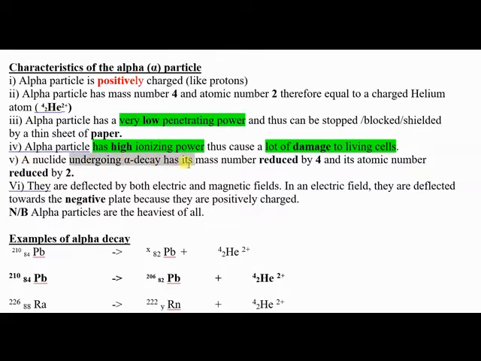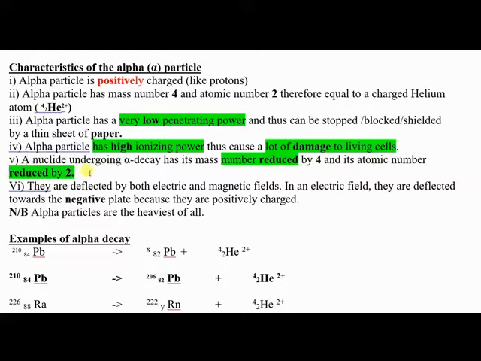A nuclide undergoing alpha decay, now this is what is very critical, has its mass number reduced by 4, and its atomic number reduced by 2.